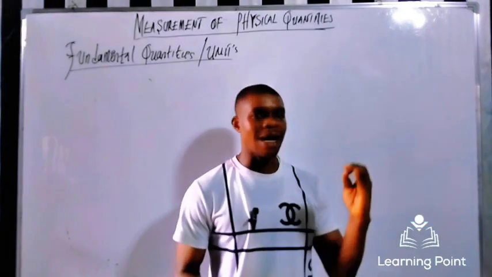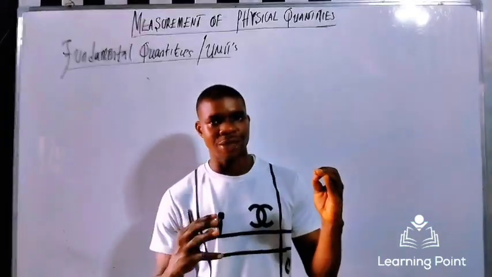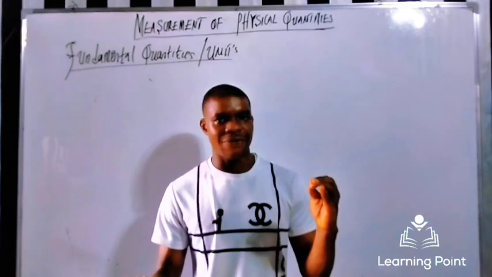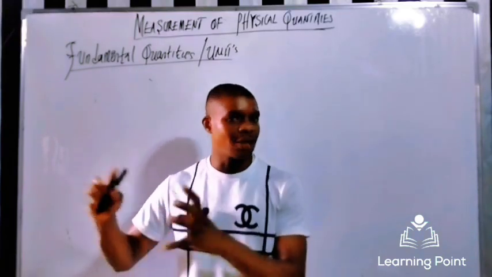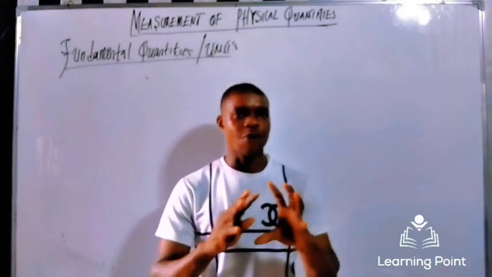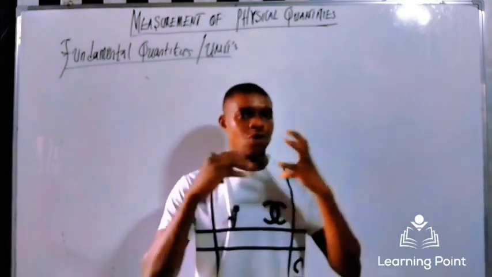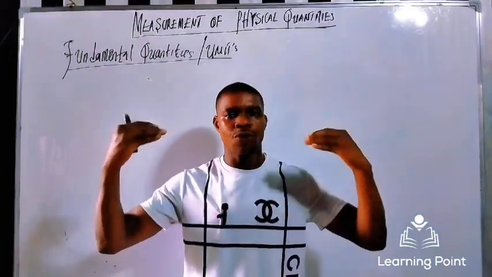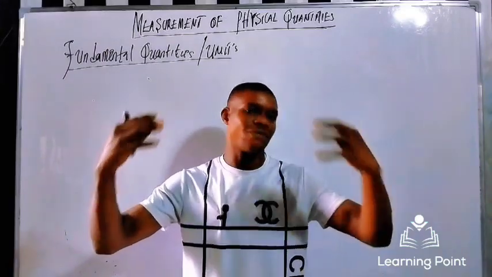Just like fundamental quantities, we also have fundamental units. They cannot be derived. They do not depend on any other quantity. They are called independent units. If you do not know this, then you cannot start talking about derived quantities.